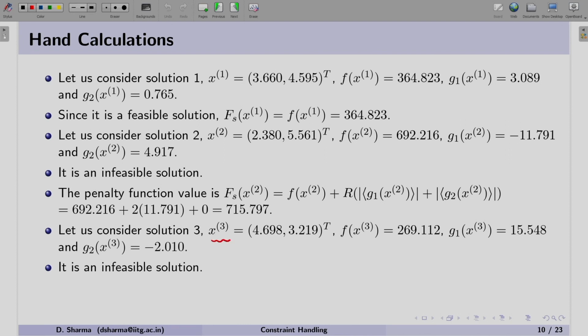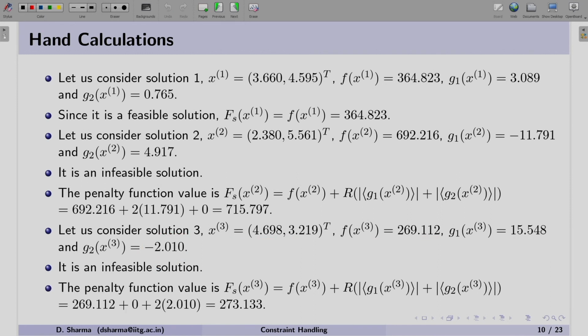A similar exercise we will do for solution number 3. As you can see, solution number 3 is given. We already calculated the objective function and the constraints G1 and G2. The observation here is that G2 is negative, meaning that the solution is infeasible. So, we are going to use the static penalty function with the same formula.